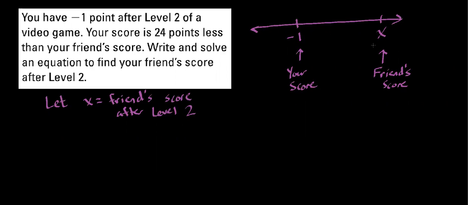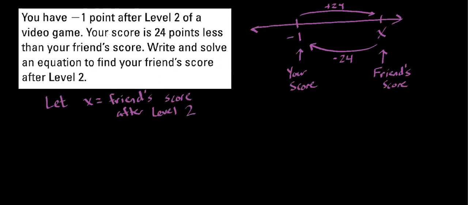So if I take my friend's score and take away 24 points from it, that's going to get me my score. Or you can think of it as, if I take your score and add 24 to it, that's going to give me the friend's score, which you're going to actually see this step as part of the solution to solving the equation. All right, so let's see if I can get this equation set up.